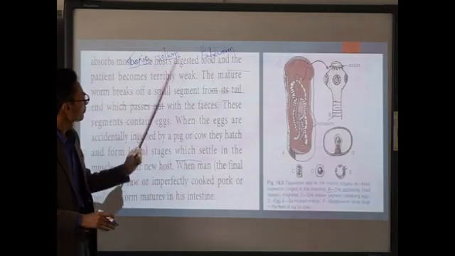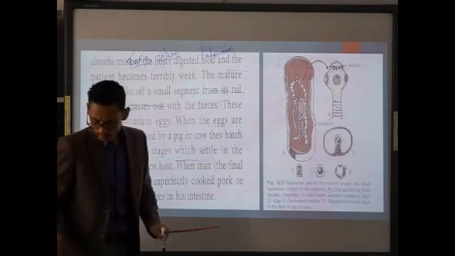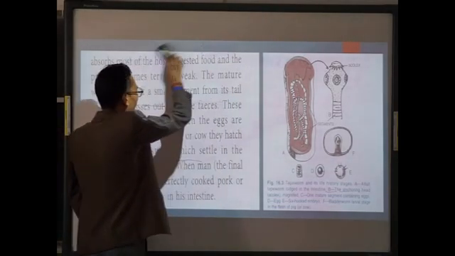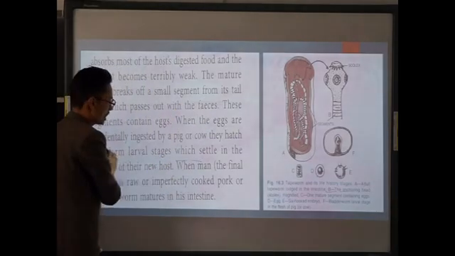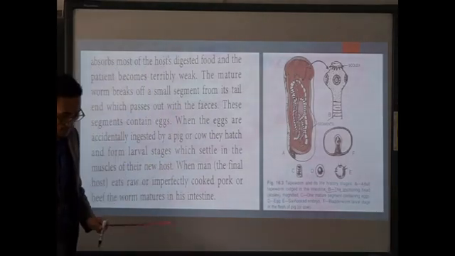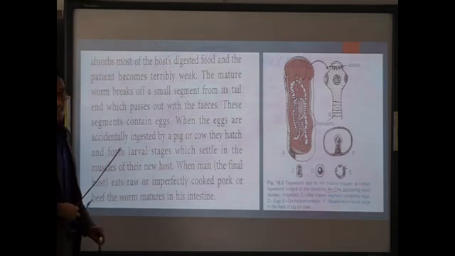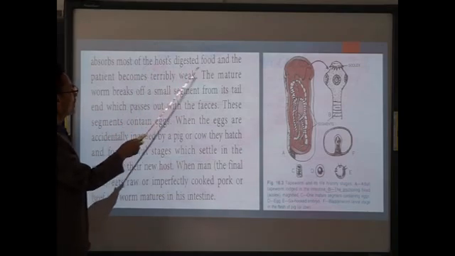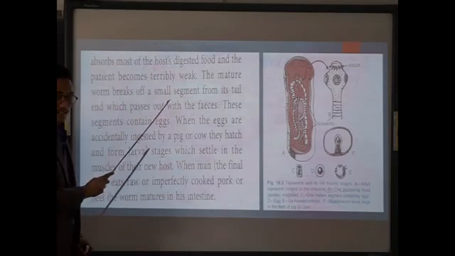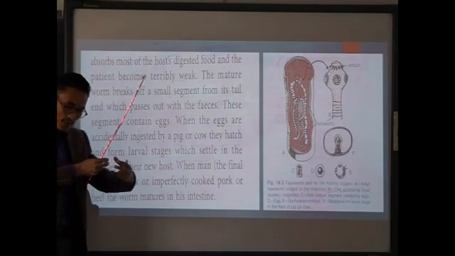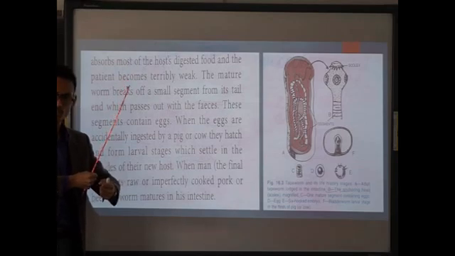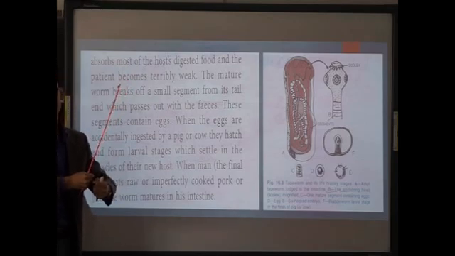Now, next one. This particular tapeworm, we have learned, will infect our intestine. It will be present in the intestine, in the body of the host, where it can absorb the digested food, and once it starts absorbing the digested food, the host becomes very, very weak.